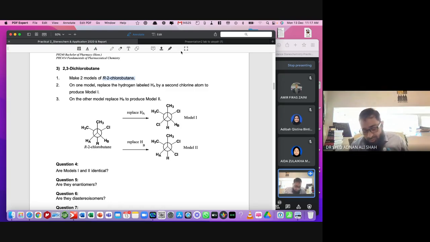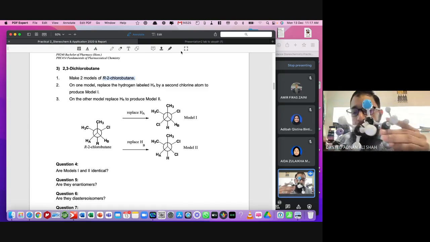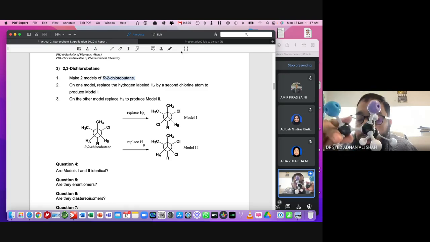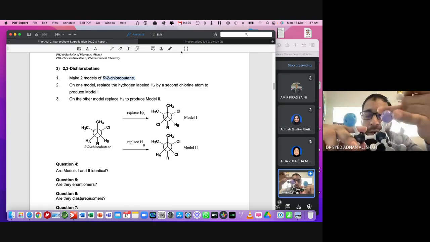Sorry, it fell down. These look like a ball. So you can see in this one I replace one hydrogen, Ha, with the chloride, right?